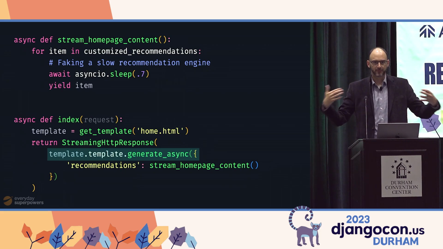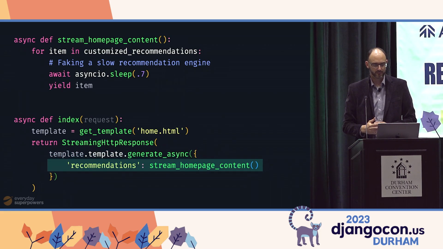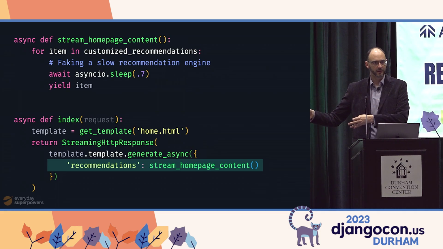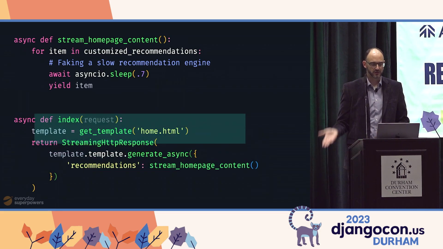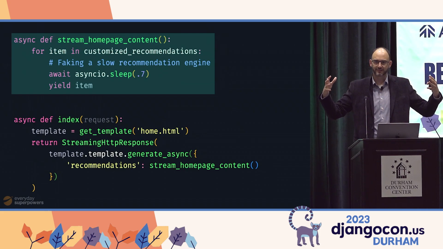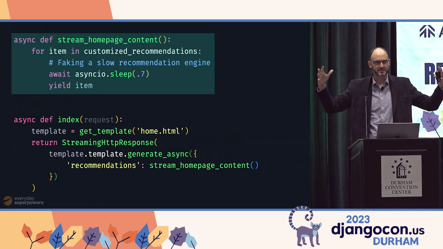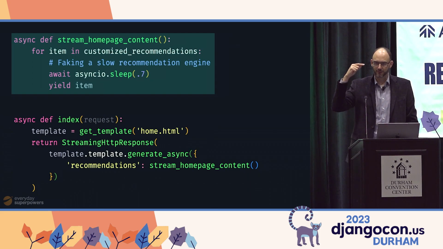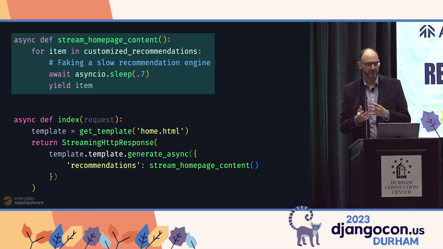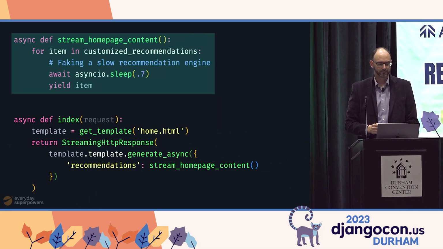To generate the template, we're going to pass in data, a data context. So in this case, we're saying the recommendations are going to be generated by this function. And it's not shown, but this function essentially takes customized recommendations, which is a list of dictionaries, and will fake a slow recommendation engine by waiting 0.7 of a second and then yielding an item. Then that item gets rendered in HTML and gets sent down the pipe.